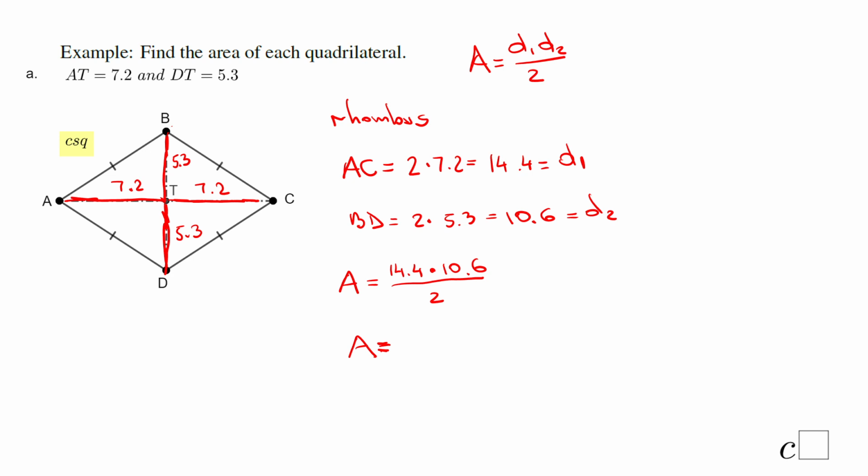Let me grab the good calculator. 14.4 times 10.6, that is 152.64, divided by 2, 76.32. So this is the area of this rhombus.